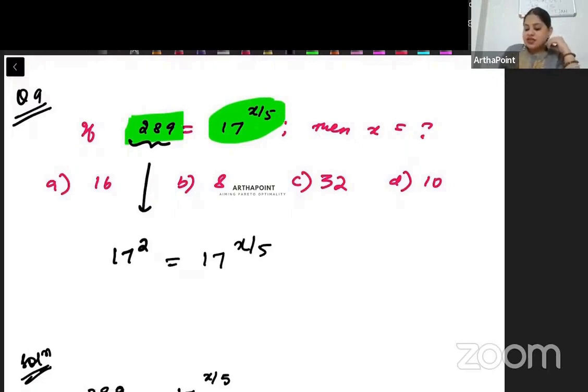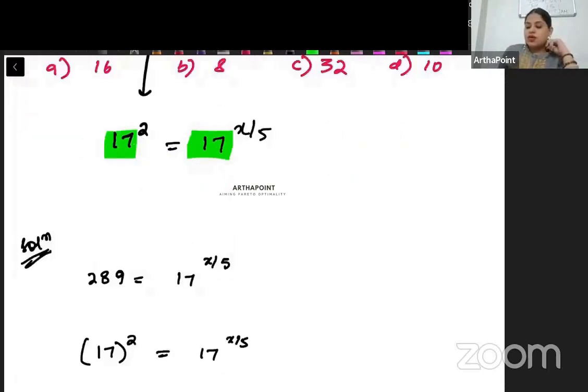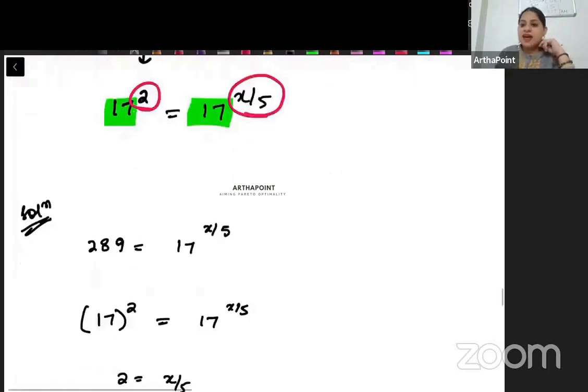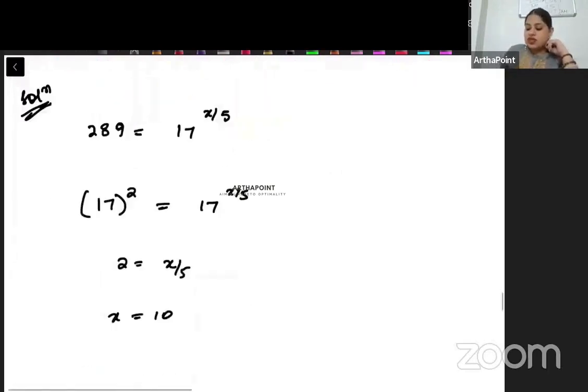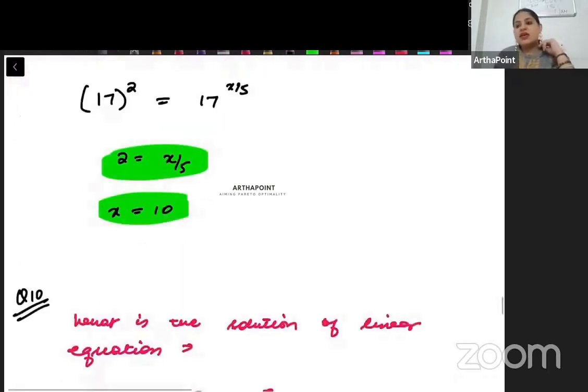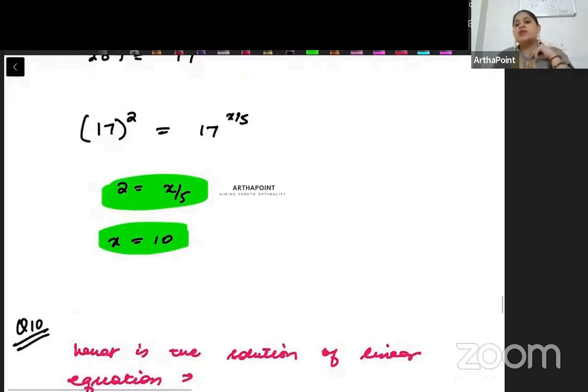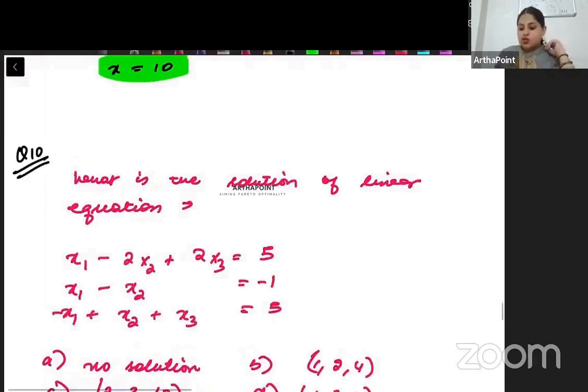But when the base is same, you can equate the powers. So you will get 2 is equal to x by 5. So when 2 is equal to x by 5, x will be 10. That's the answer to this question. x will be 10. Okay, come to the next question.